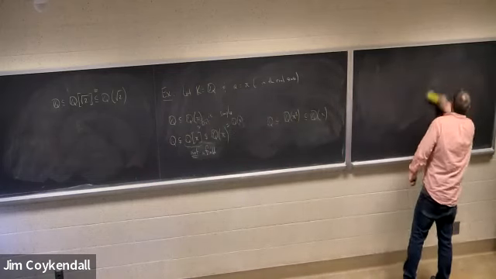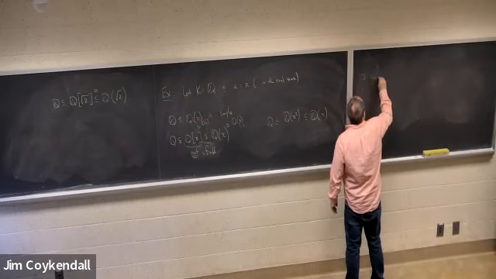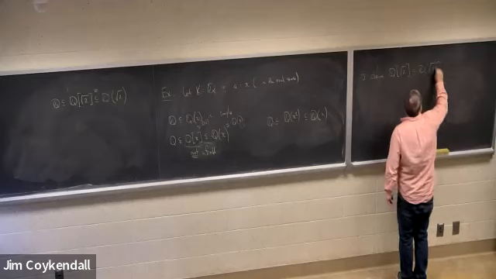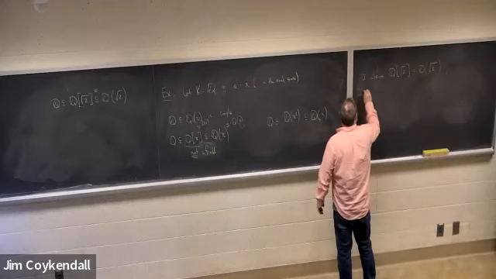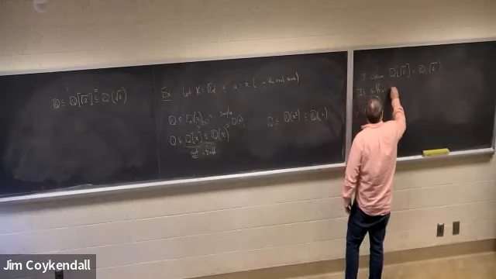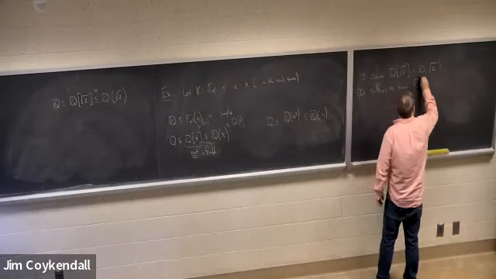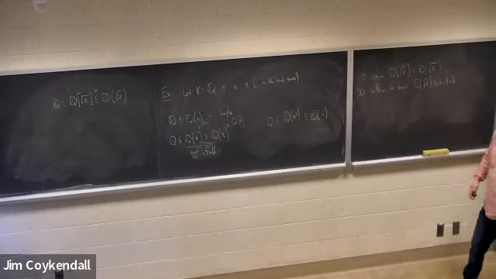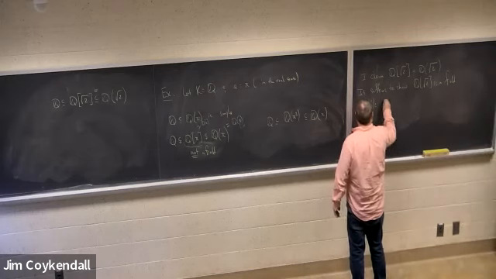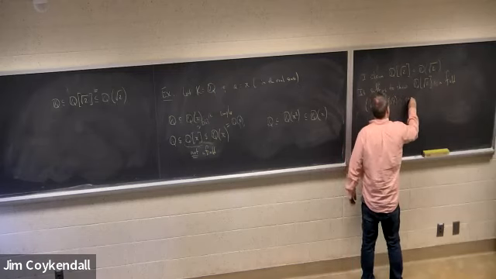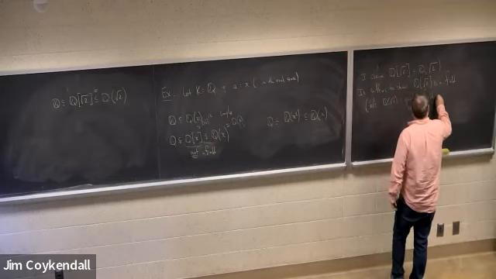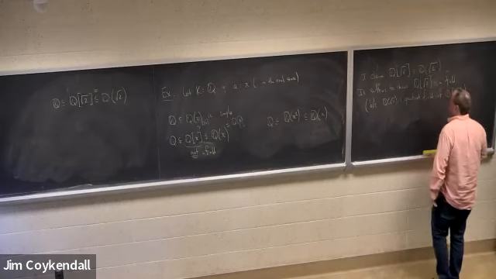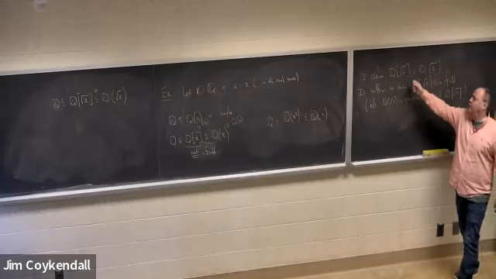So to finish off the idea of this example, for this example, it suffices, and this is because, as we've observed before, this animal is the quotient field of this.